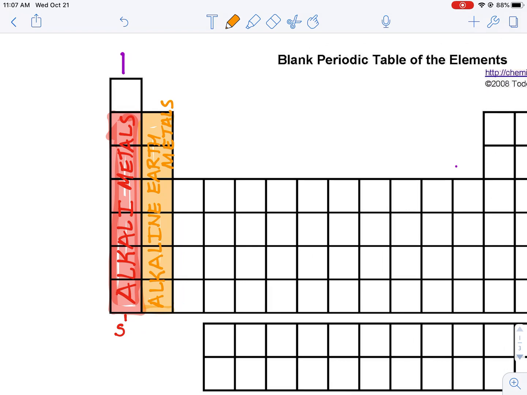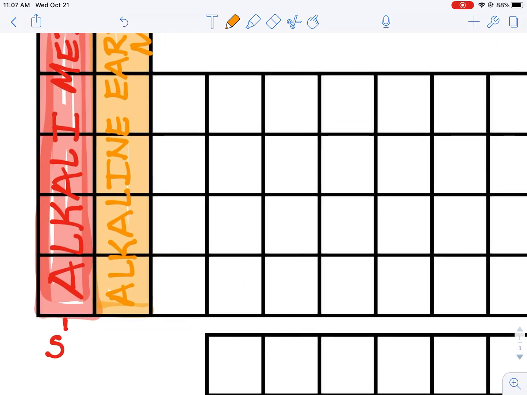If we think back to our homework from the other night, their valence shell electron configuration ended s2. Again, maybe it was 1s2 or 6s2, but they all ended s2.